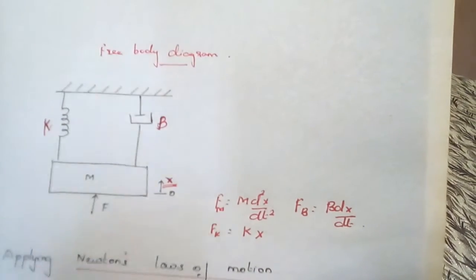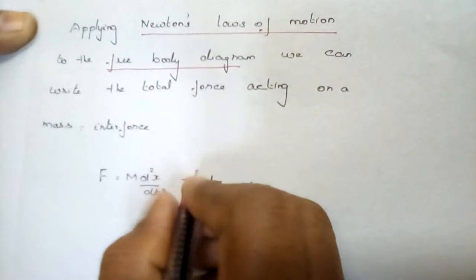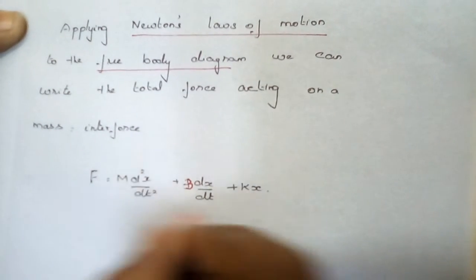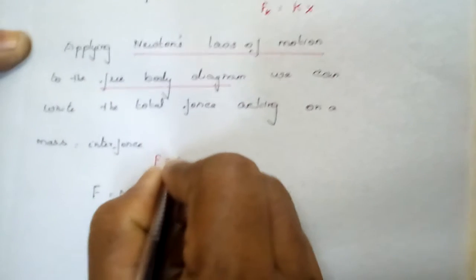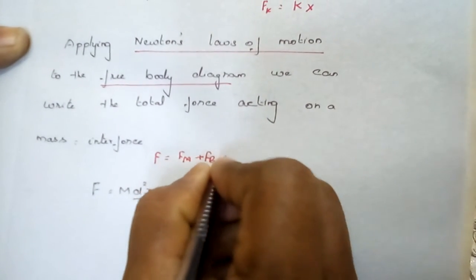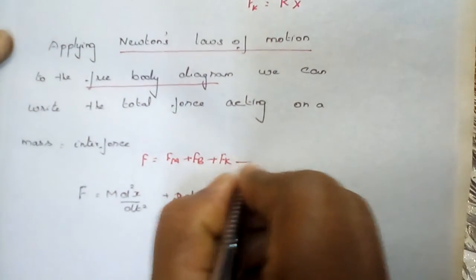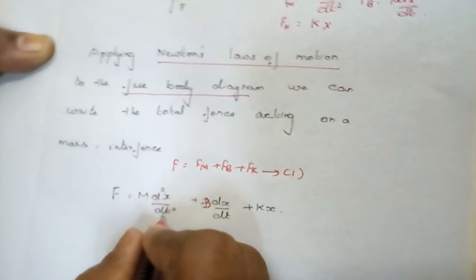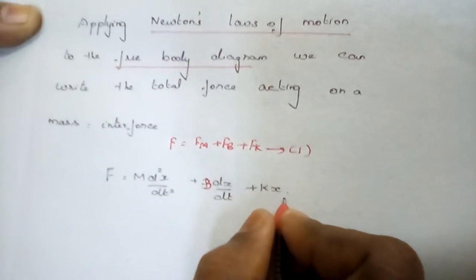Okay, the total force exerted is the sum of all F, that is F equal to Fm plus Fb plus Fk. And I am substituting in this equation. Consider this the equation as 1. F is equal to m d square x by dt square plus b dx by dt plus kx.